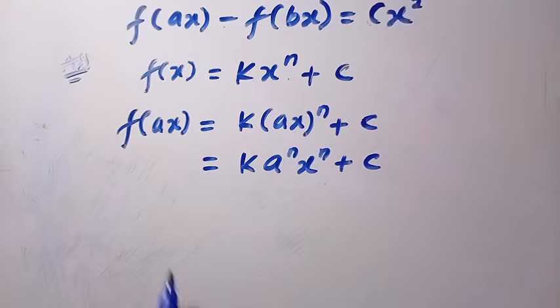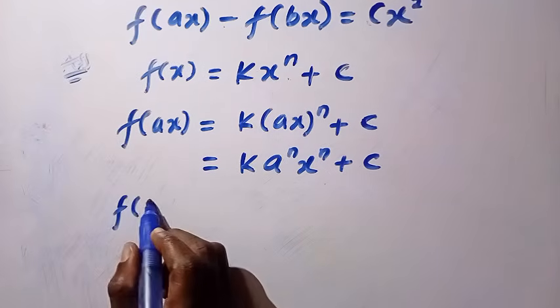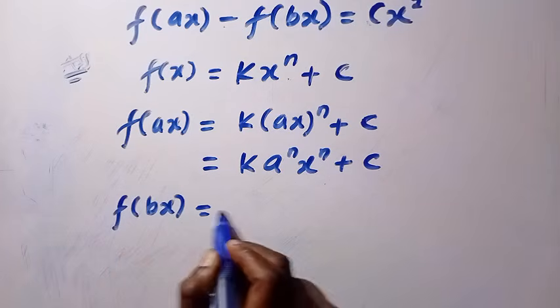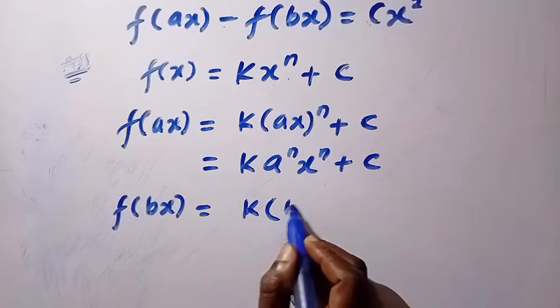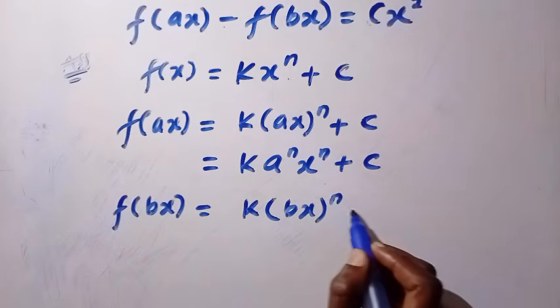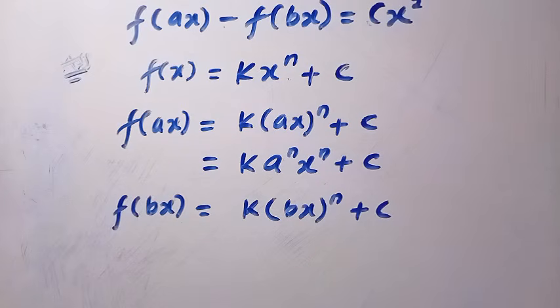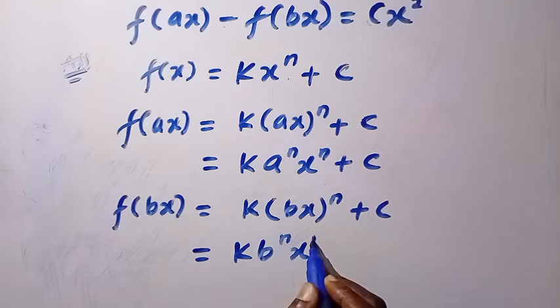And again, if I plug in f of bx, this equals k into bracket of bx raised to the power n plus c. So with this we have k b raised to the power n x raised to the power n plus c.